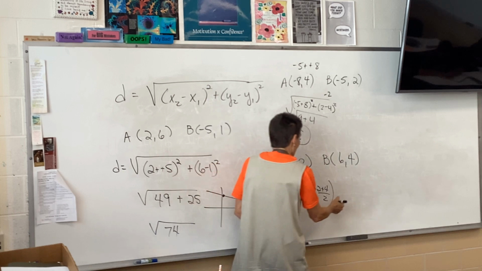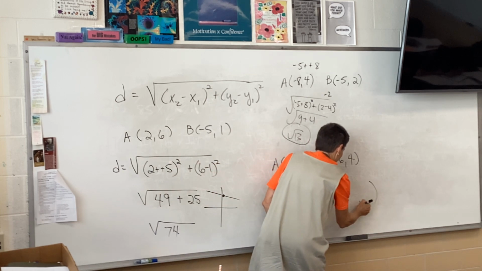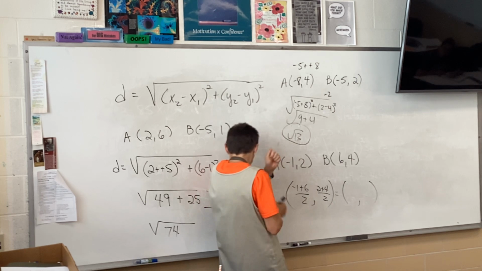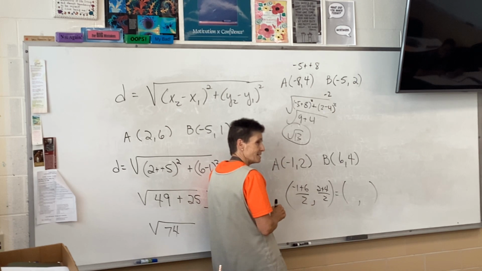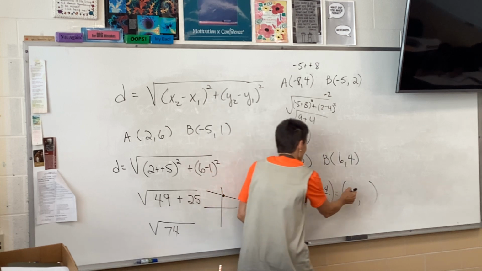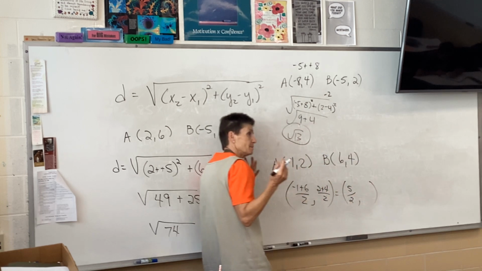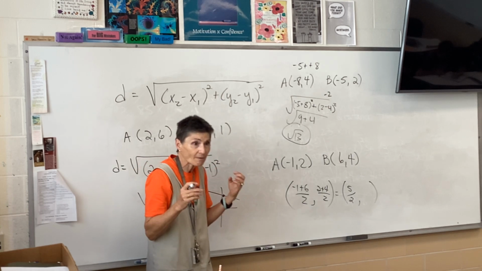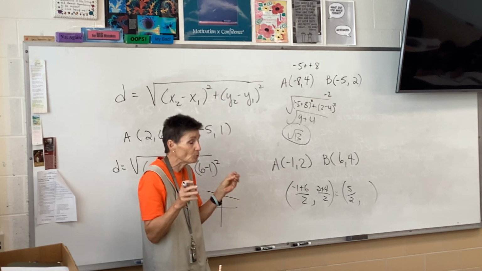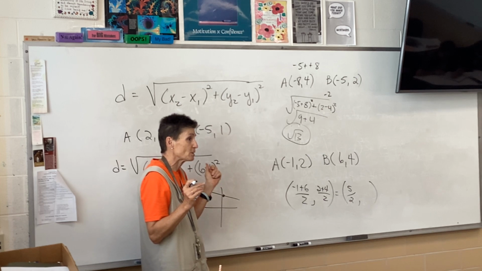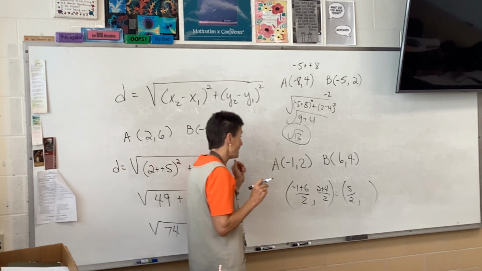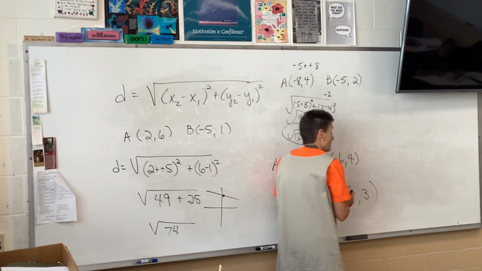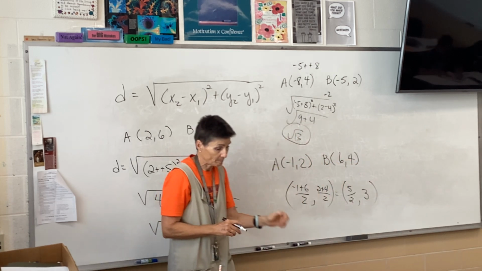So now I'll just do the math. What do I end up with as my final answer? -1 plus 6 is 5 divided by 2. And usually we just leave it 5 halves. If you want to write 2.5, that's up to you. There's nothing wrong with improper fractions, 5 halves. And then 2 plus 4 is 6, divided by 2 is 3. There is our midpoint.